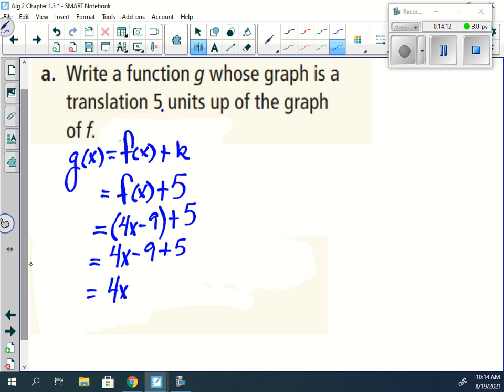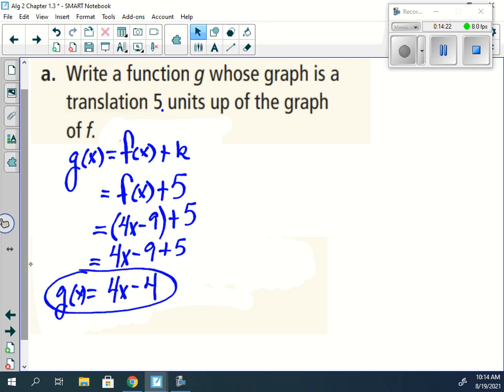So negative 9 plus 5 is? This is how I write it out if I was doing this. Actually, I would have skipped several of those steps, but I don't write out g of x, g of x, g of x every single time because I know it's holding true. As long as you can keep that kind of straight, that's fine. You don't have to rewrite it. If you want to rewrite it every single time, that's fine. It's not going to hurt.